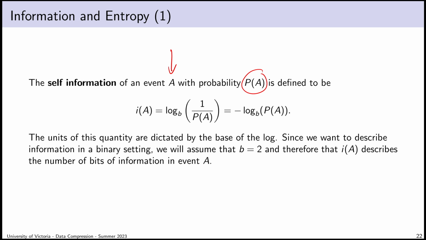If I tell you that the event occurred, how much information have I provided to you? How much have you learned? We call that self-information because it's the information that goes with the event having occurred and nothing else. There's no contextual information provided, just A occurred or A didn't occur.